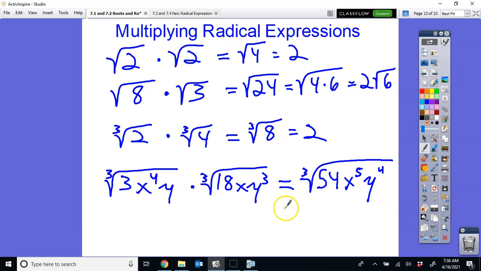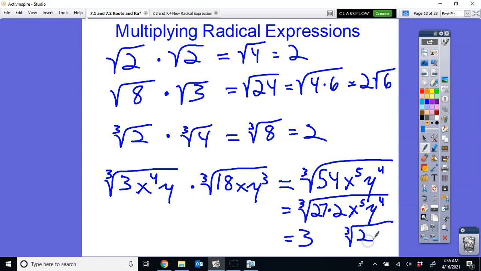The cube root tells me I can split up 54 into a perfect cube, which we did this one earlier, so I'm kind of saving us a little bit of time here. 27 times 2 is 54. Remember, the reason we choose 27 is not because it's special, but because it's a perfect cube. The cube root of 27 is 3, but I'll leave the 2 on the inside.